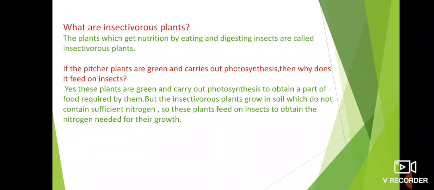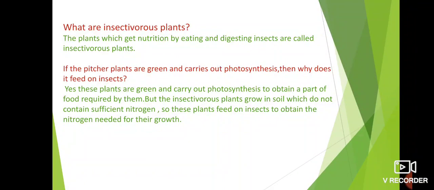Why? Because these insectivorous plants grow in soil which does not contain sufficient nitrogen. To fulfill that nitrogen requirement, these pitcher plants feed on insects to obtain the nitrogen needed for their growth.